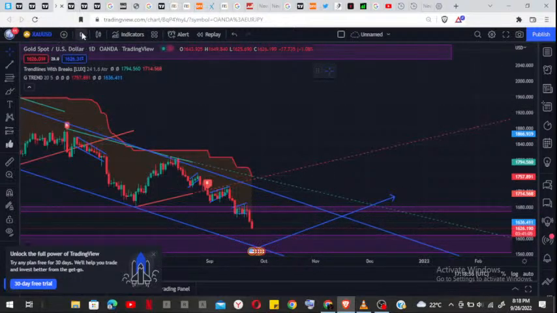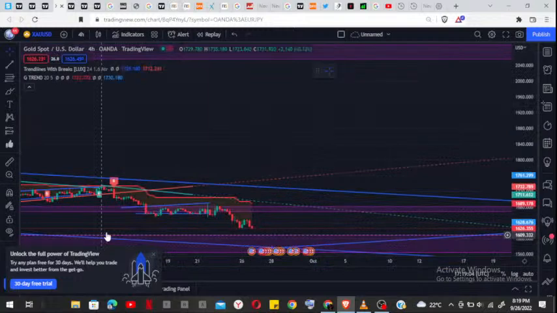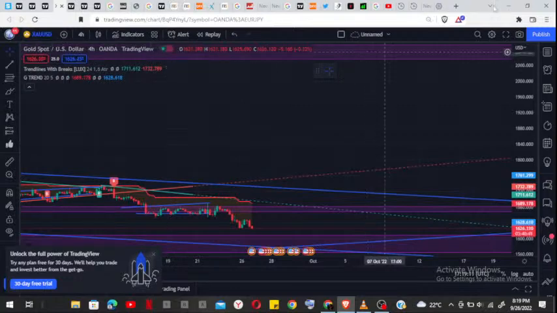If we go to 4 hours, the candlesticks will be a little bit smaller. I'll be saving this one.